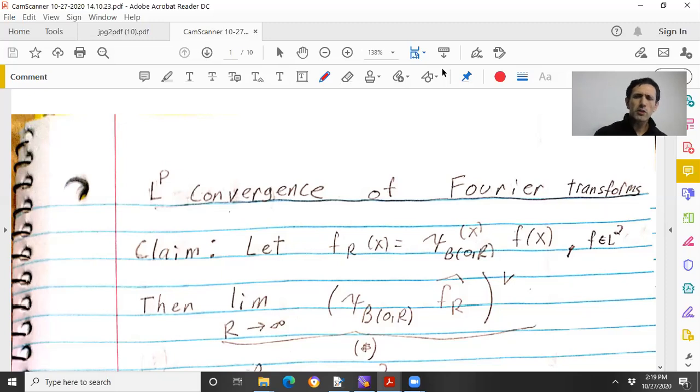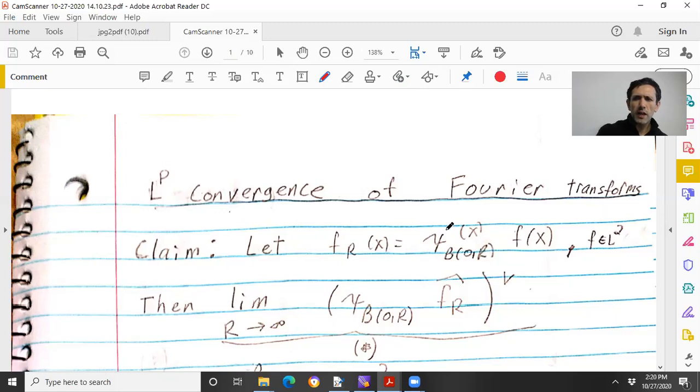Okay, so what we're going to do is we formulate Fourier inversion in a way that is fairly trivially true for L2 functions, basically thanks to Fourier inversion, and is a reasonable question to ask for LP functions, P bigger than 1. So in particular, let's just take f and let's cut off by this characteristic function.